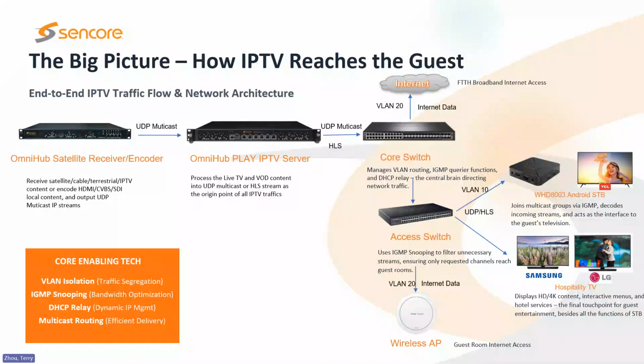For instance, for typical video TV channels with H.264 encoding, standard definition is 3 or 4 megabits for high quality, and for premium quality, like high definition, 6 to 8. And another part is wireless AP. A wireless AP typically uses a dedicated VLAN, because in each room there is typically an SSID for internet access.